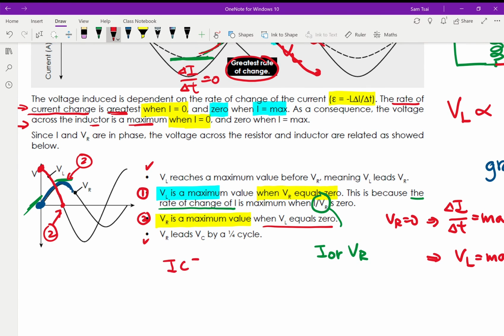If you remember ICE, for the capacitor the current leads.